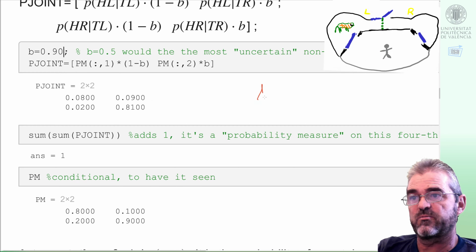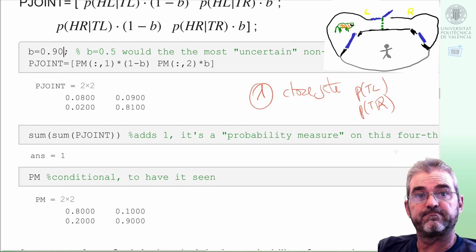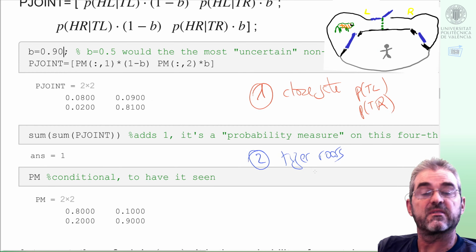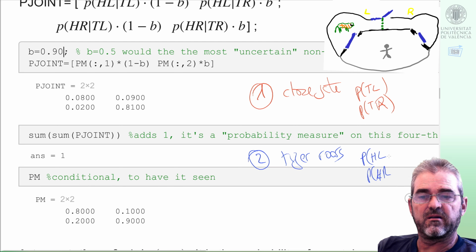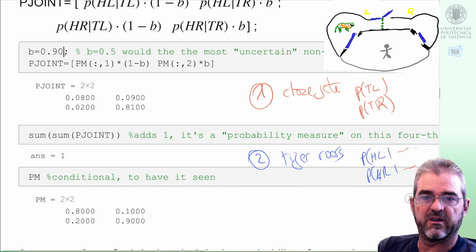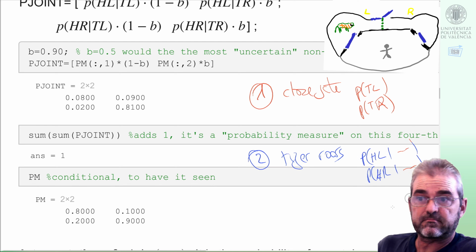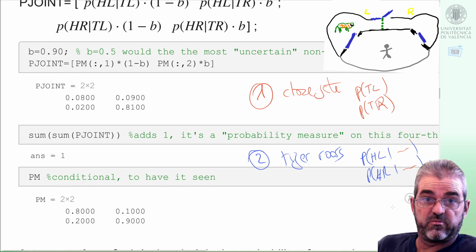Step 1, close the gate, and then we have some probabilities of tiger left and tiger right, and then step 2, tiger roars, with some probabilities of hear left and hear right conditioned to wherever the tiger is. Then we can build the joint probability with that.